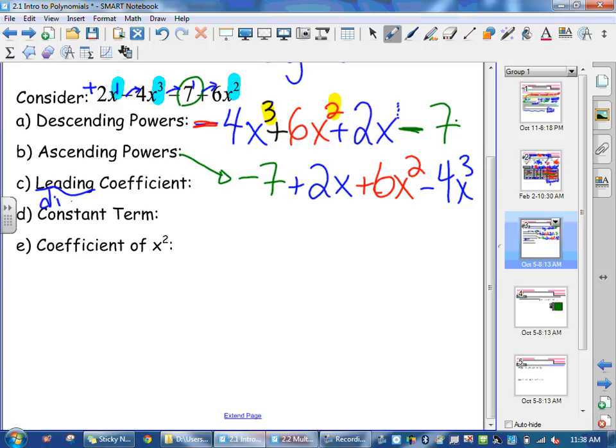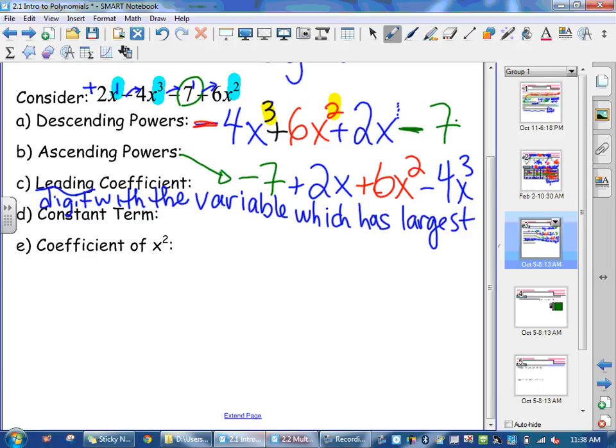Okay? So the digit with a variable which has the largest exponent. Okay, so the biggest exponent.